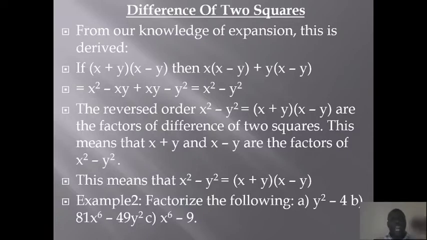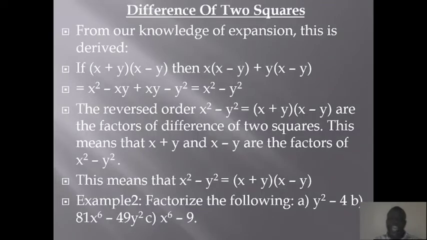So if we can expand x plus y and x minus y to give us x squared minus y squared, that simply means that if we factorize x squared minus y squared, we are going to have what? x plus y in brackets, then another bracket, x minus y.